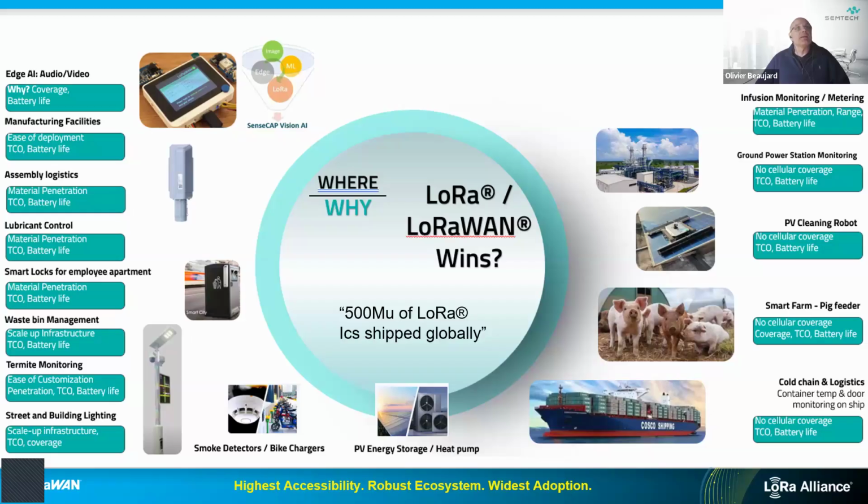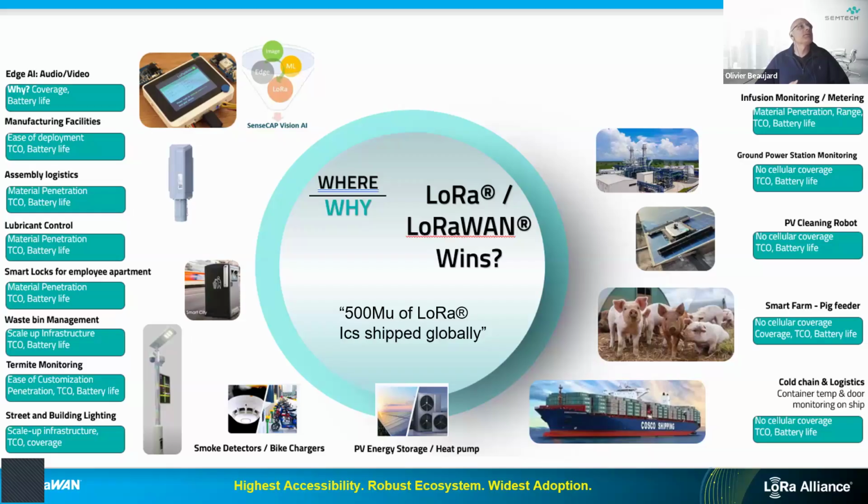And usually people use our technology for a reason, which I try to highlight in green on those slides. Reason number one usually is low power capability, what is written as battery life. It's very often the reason, yes, the very, very low power consumption that you get as a performance of LoRaWAN.